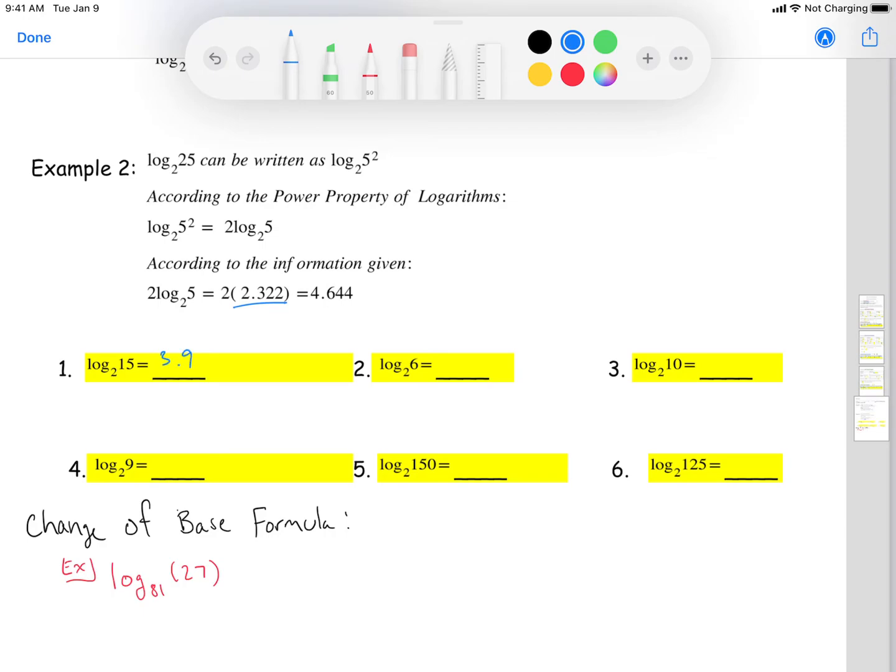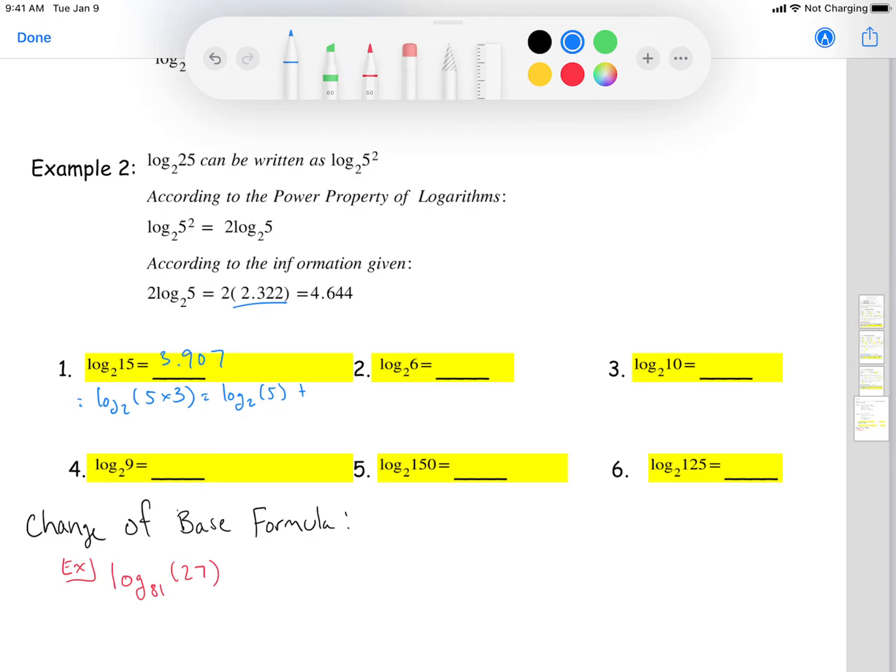All right, how'd you get that? I did log base 2 of 15, which would equal log base 2 of 5 times 3, which would be log base 2 of 3 plus log base 2 of 5.